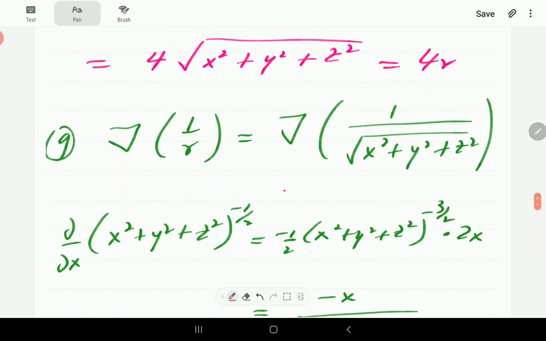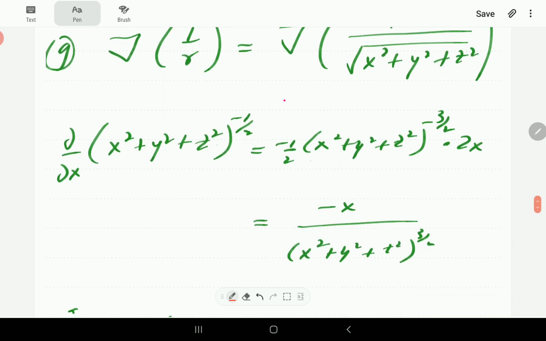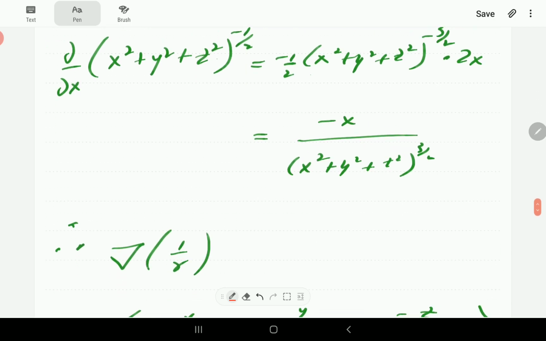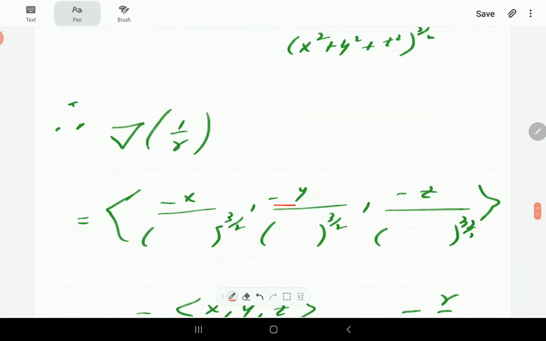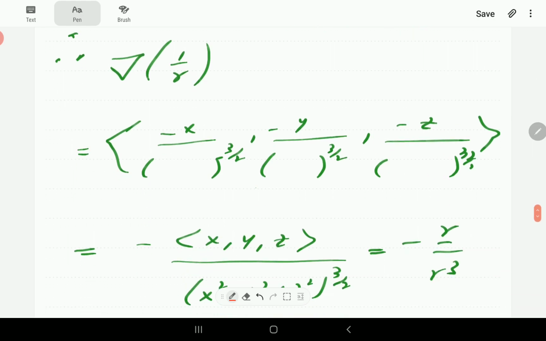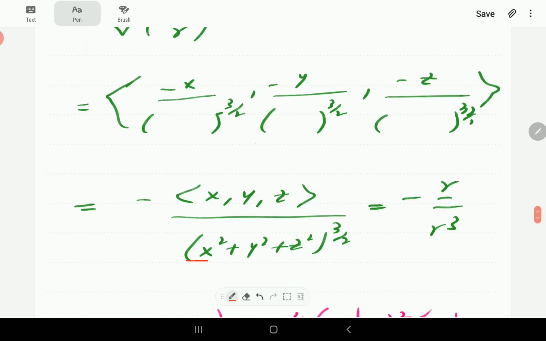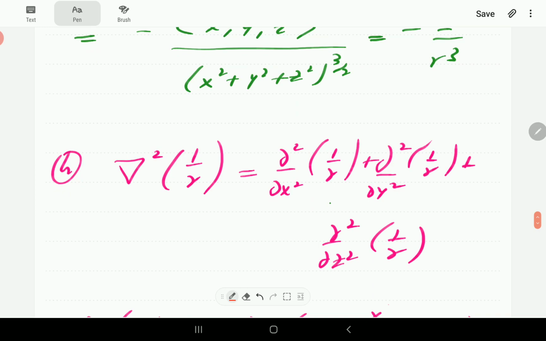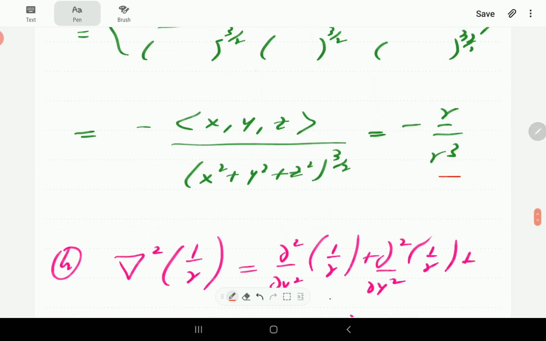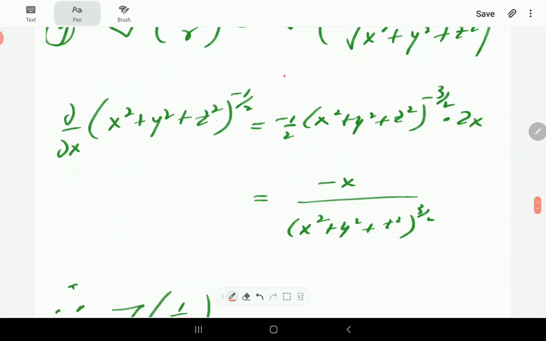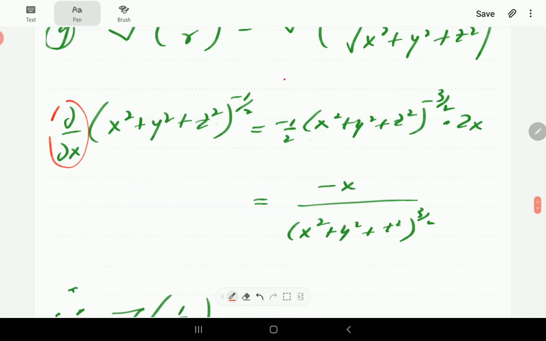And then the gradient of 1 over r, so we just differentiate this once with respect to x, we get this. So if we differentiate it with respect to y, we're going to have minus y and then minus z for this one. So here we have got the x, y, z vector, which is the position vector with minus outside. This is just a scalar. The scalar is r cubed. Then for the Laplacian, working from this one, we just differentiated this once with respect to x.